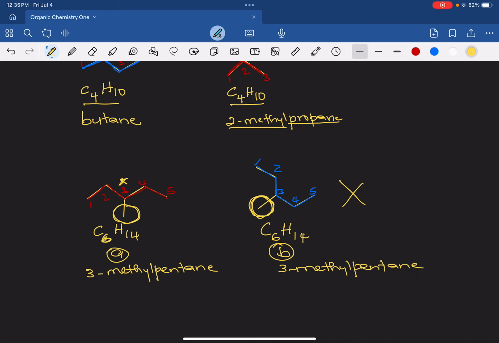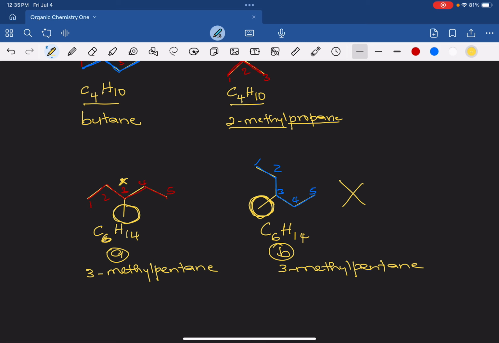All right. So constitutional isomers again. First thing, make sure you have the same molecular formula. That's number one. Number two, just use your IUPAC rules to determine your longest chain and number your substituents as if you are going to name it, right? Do that.